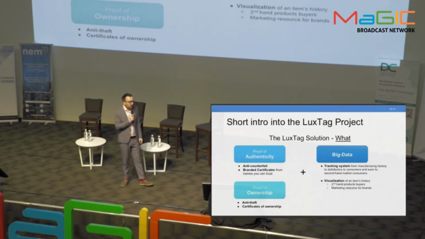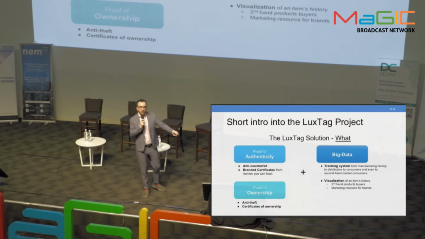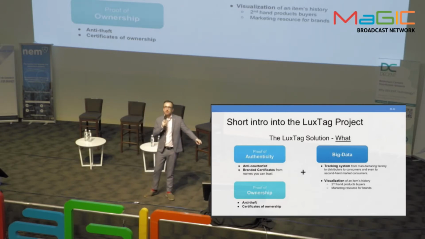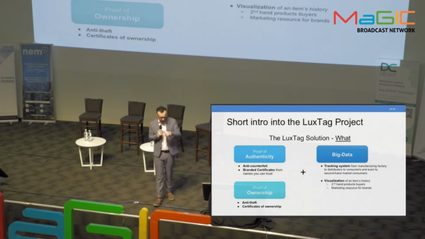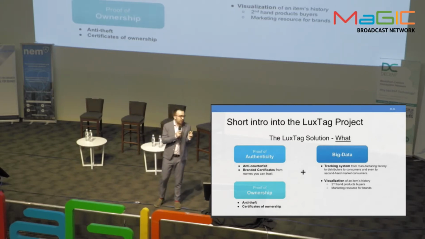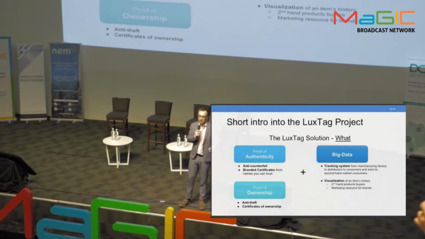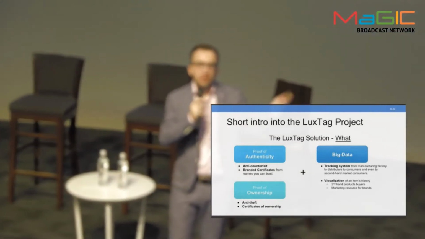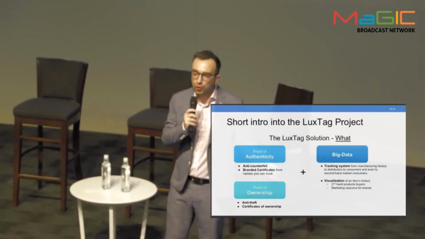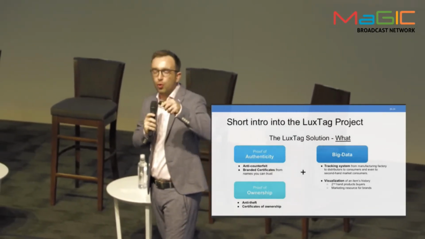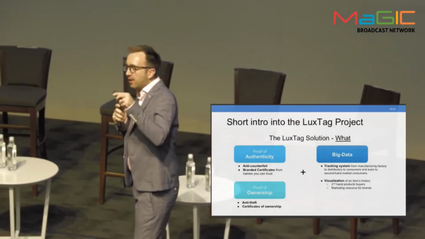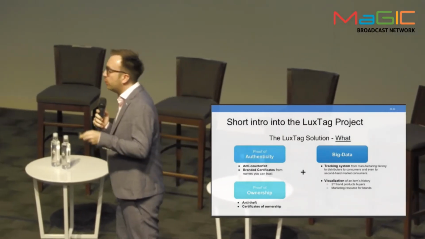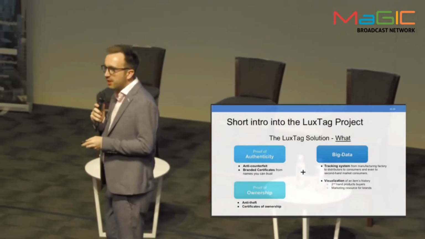So what we do, in very short, is proof of authenticity. We create digital certificates of authenticity. This is something like the little plastic card or paper certificate which you get with an exclusive item, with handbags or watches. So we put this onto the blockchain ledger. Then we have proof of ownership, where we tag this to certain owners. And every transfer of ownership would be saved in the blockchain ledger.